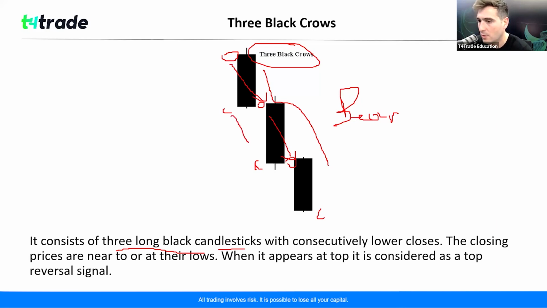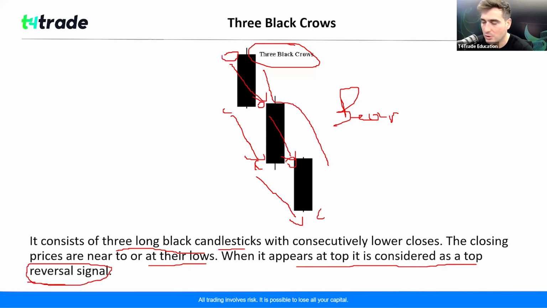Oh, excuse me, I should have connected the closes instead of the opens. So the open prices are near or at their former day's highs. So when it appears at the top, it is considered a reversal. Okay, so not a continuation. This is a reversal if and only if it is found at the top of an uptrend.